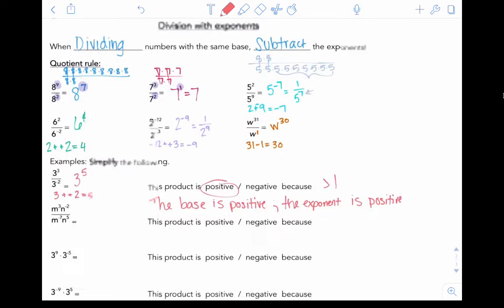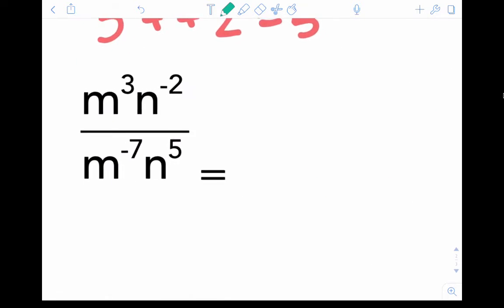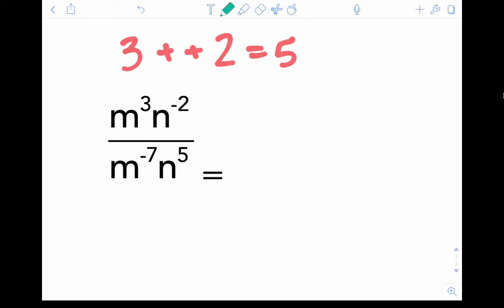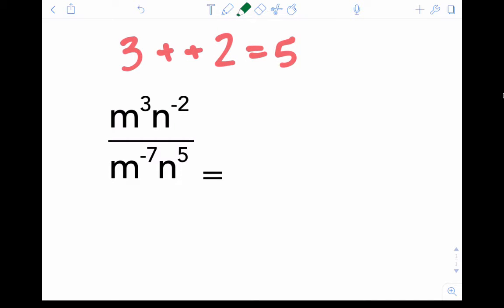All right, this next one is a little different. I have m to the third n to the negative second over m to the negative seventh n to the fifth. There's a lot going on here, but we're going to break this up and take it piece by piece. Remember, anytime we're multiplying or dividing, combining numbers with exponents, they have to have the same base.